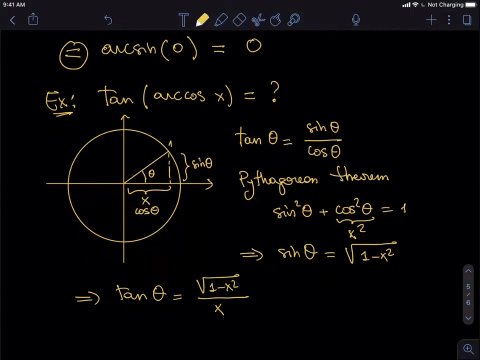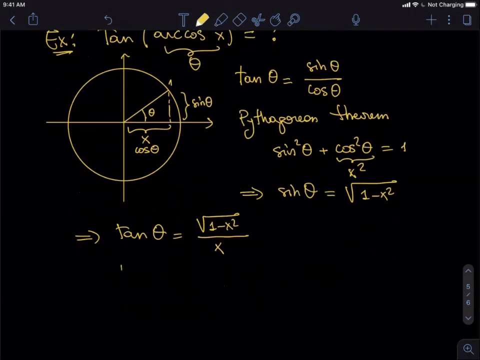And because theta was the arccosine of x, then we are done. So the tangent of the arccosine of x is given by the formula square root of 1 minus x squared divided by x.